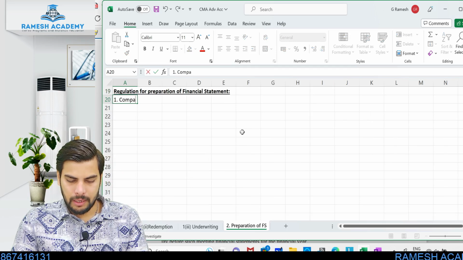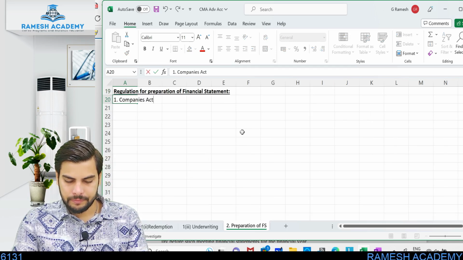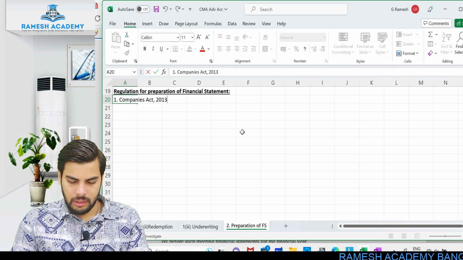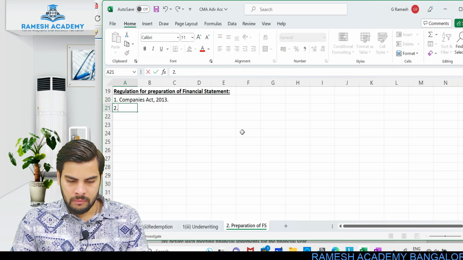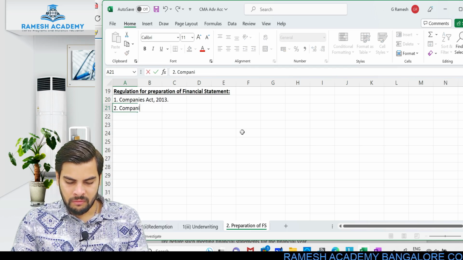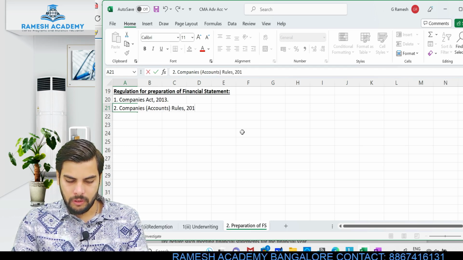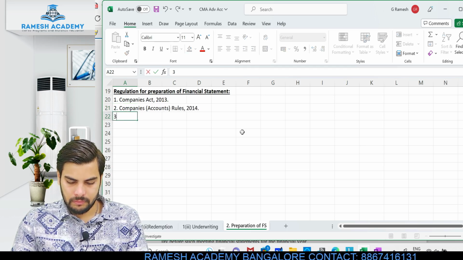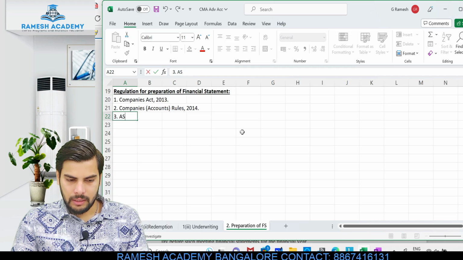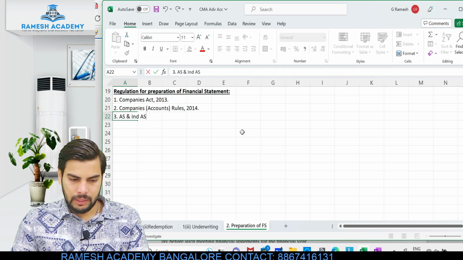We should comply with the Companies Act 2013, Companies Accounts Rules 2014, Accounting Standards and Indian Accounting Standards.